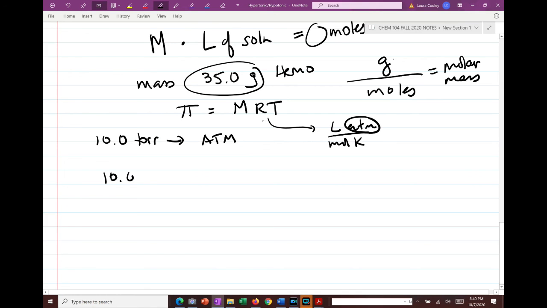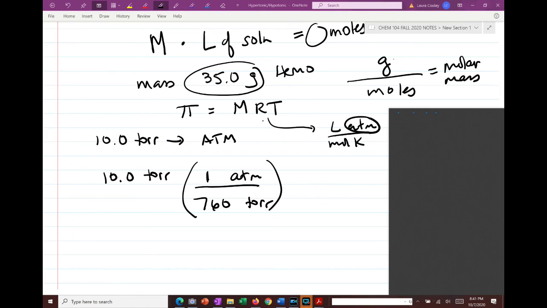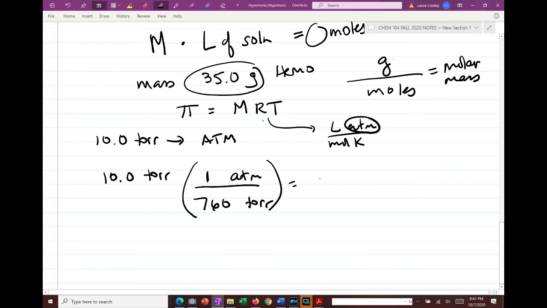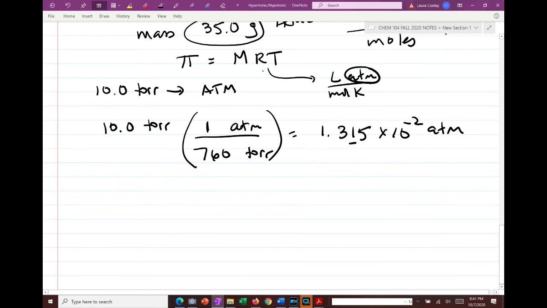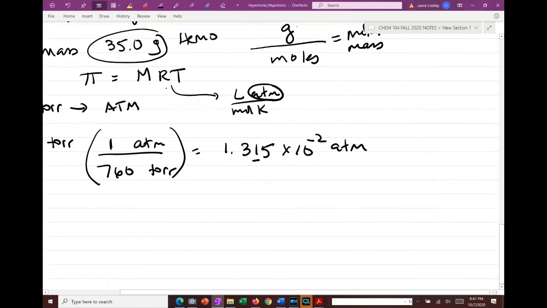But we know how to do that. 760 torr is 1 atmosphere. Okay. And that comes out to 1.315, too many sig figs, times 10 to the minus 2 atmospheres. So it's not a whole lot. Okay. So that's the pi. We got that.